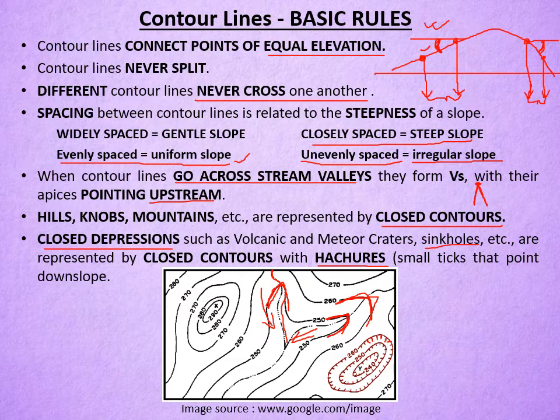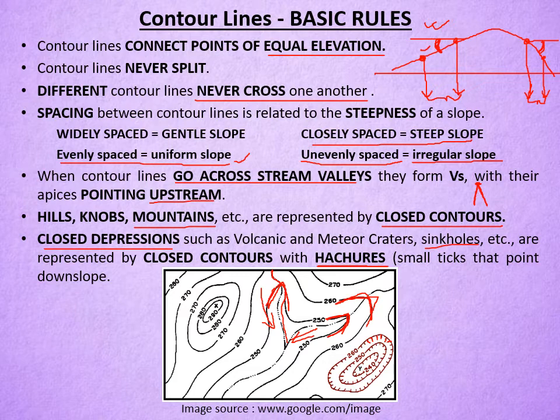So both mountains and basins or sinkholes show closed contour lines, but we differentiate them in our contour map on the basis of these hachure marks.